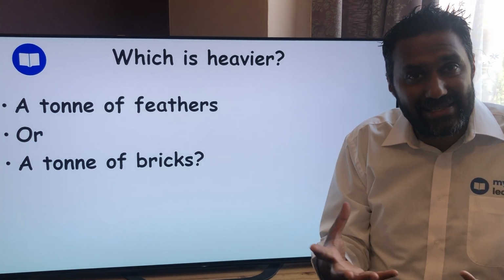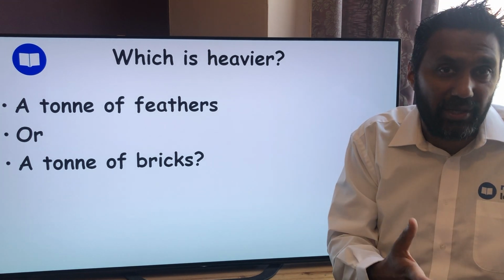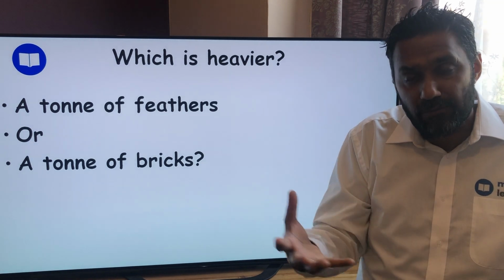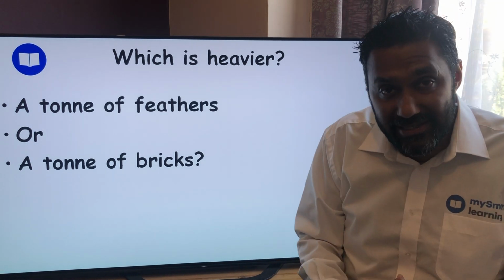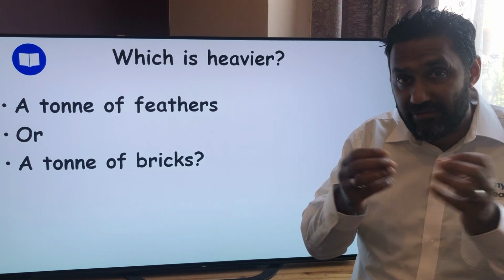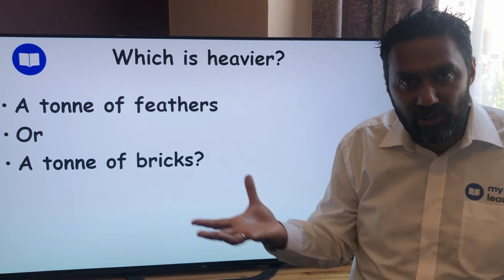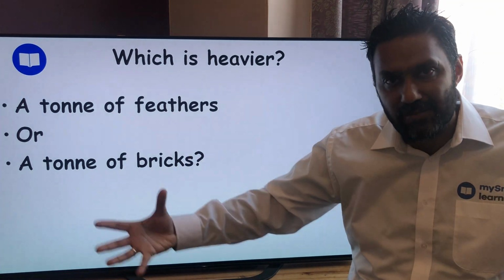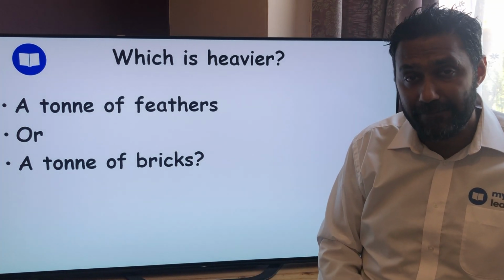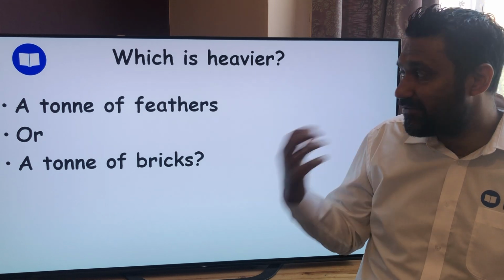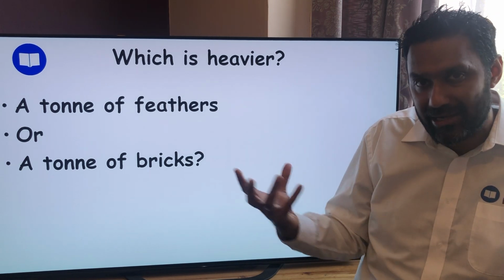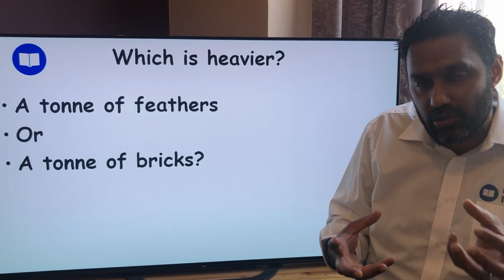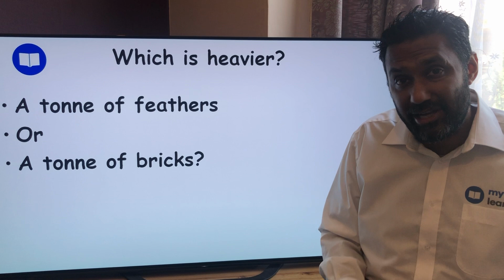So for instance, gases have a lower density than liquids, than solids, because solids usually are the most compacted, therefore the heaviest, and therefore have a higher density. Feathers, for instance, are solids, but there's lots of air spaces between them, so that mass is spread over a greater volume, greater space, and therefore it's got lower density. So density is not just about how heavy something is, it's basically how packed those particles are together. The more packed they are close together, and if individually those particles weigh more, there'll be a greater density.